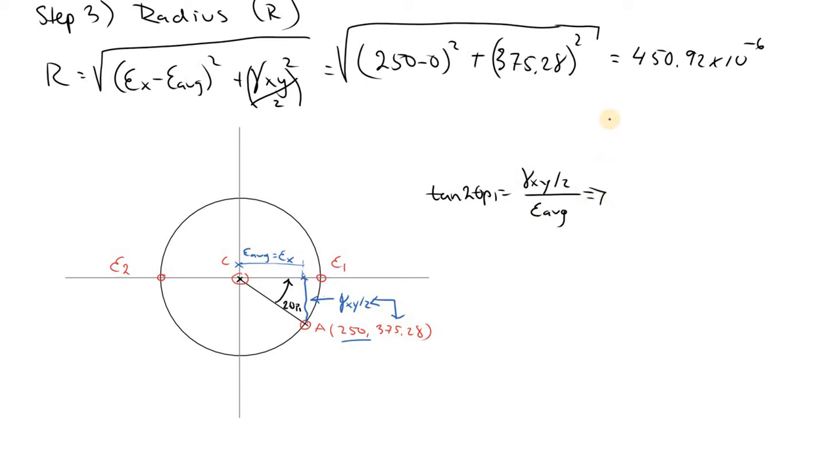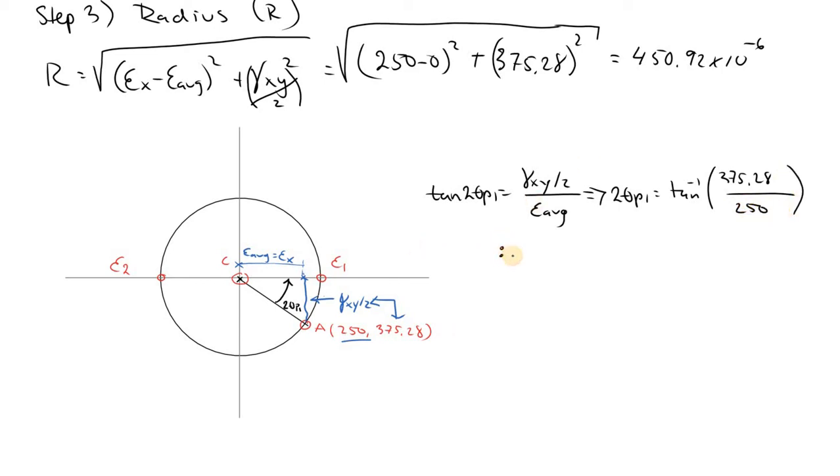So if we rewrite this, 2 theta P1 is the same as tan inverse of 375.28 on 250.